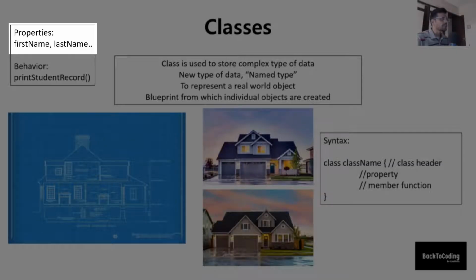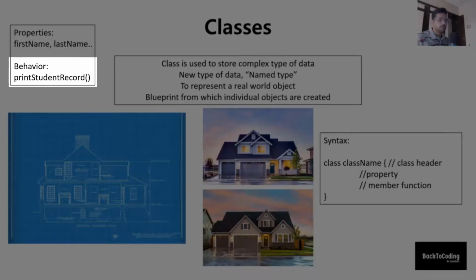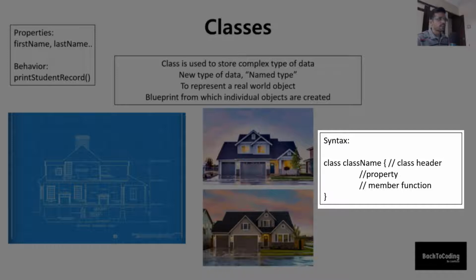Properties are nothing but the data, which in our case is first name, last name, etc., and the behavior is functions, which is print student record in our case. This is the syntax for the class.